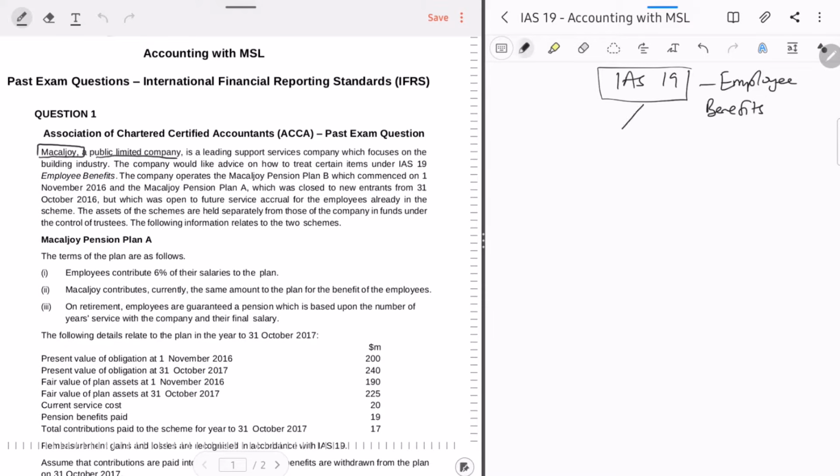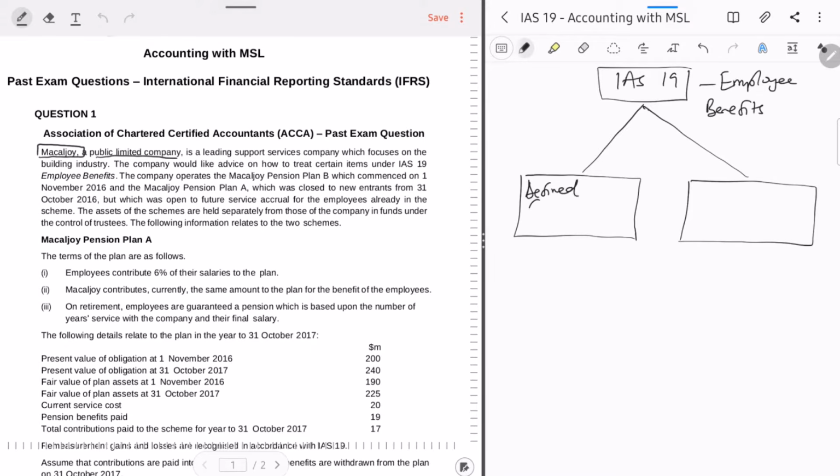What the standard does is it provides for two types of what we call post-employment benefits. The first is a defined contribution plan, what I can call a DCP, and then we have a defined benefit plan, so a DBP.